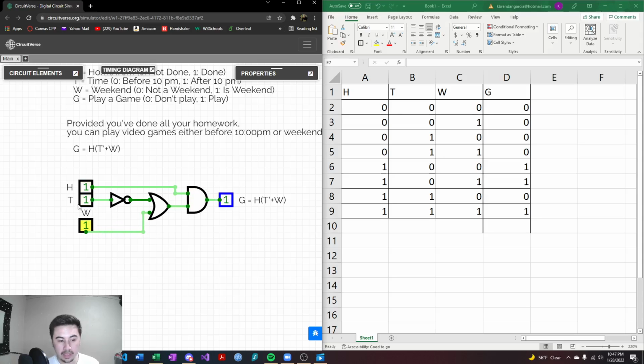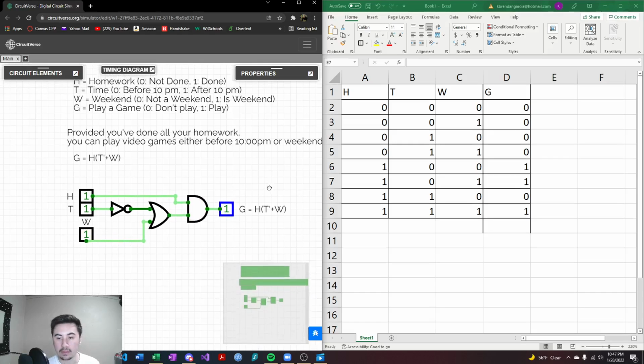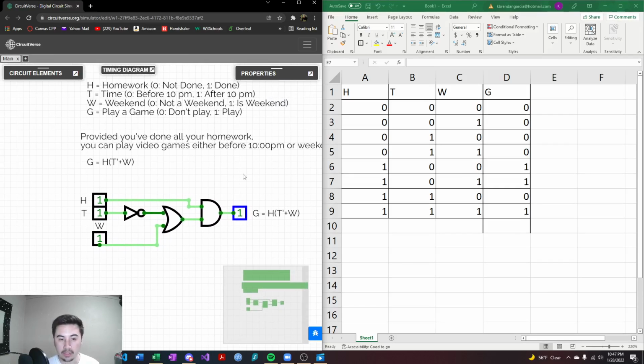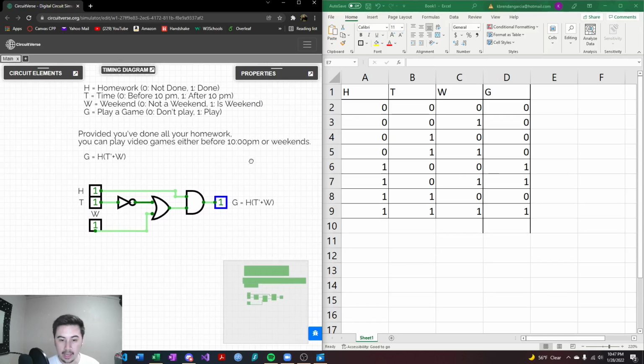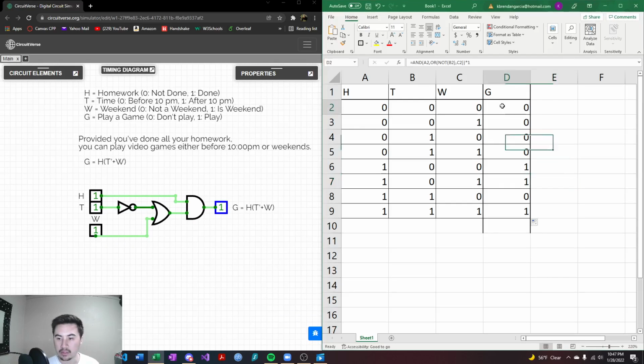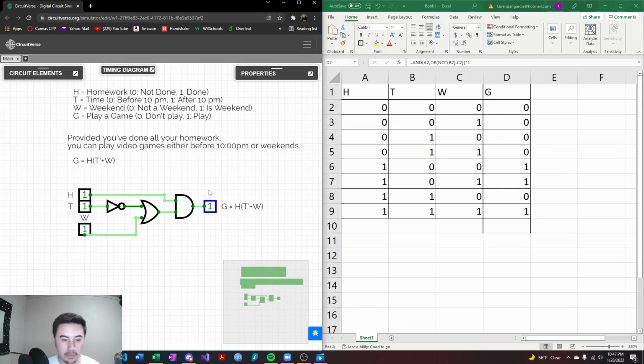This is telling us that, sure, it's after 10 p.m., but our homework is done and it's the weekend, so you're able to play games. From this, we can see that the truth table does hold. And by side effect, it also shows us that we can use Excel to create these truth tables if need be.